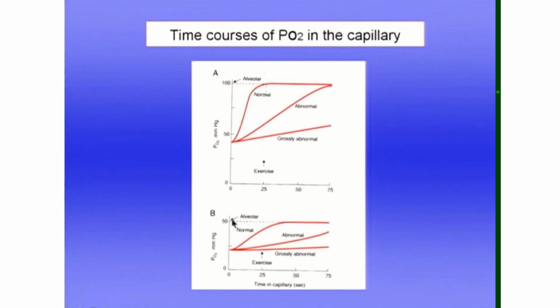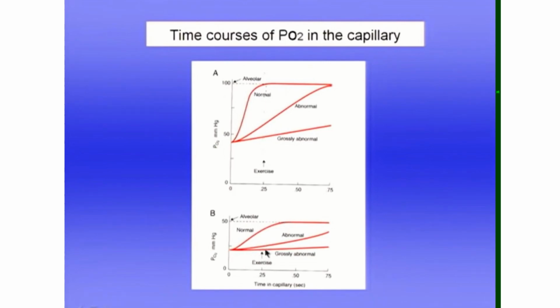But you'll notice now that the partial pressure gradient responsible for moving oxygen across the blood-gas barrier has fallen from 60 here, 100 minus 40, to 30 here, 50 minus 20. So the partial pressure gradient is very much lower. What happens is that under these conditions, the increase in PO2 is slower, and it takes longer for the PO2 of the blood to reach that of the alveolar gas.